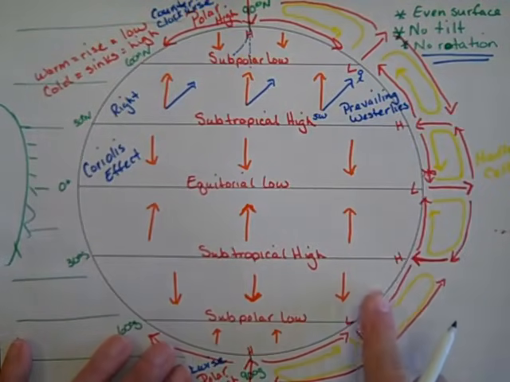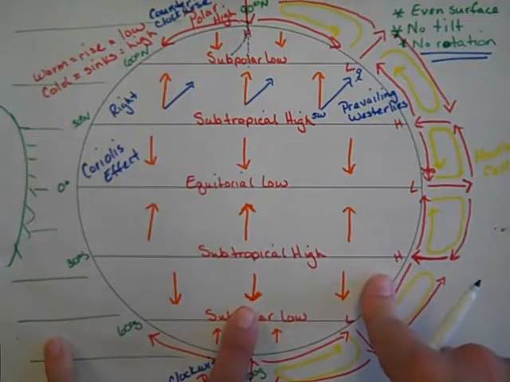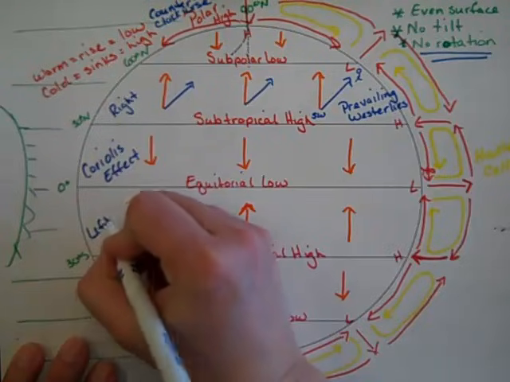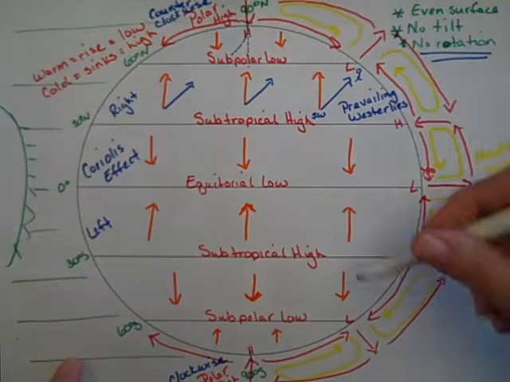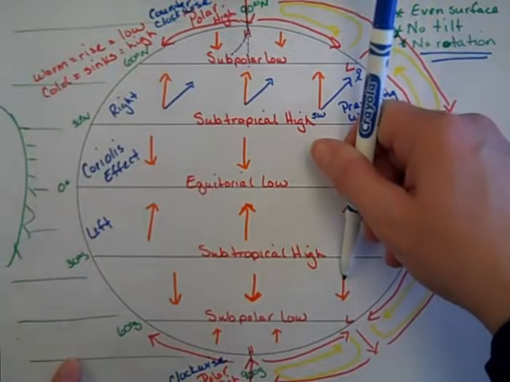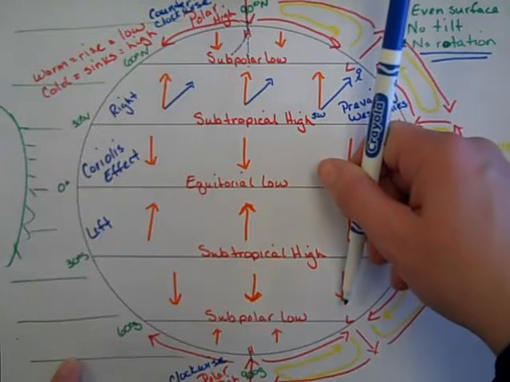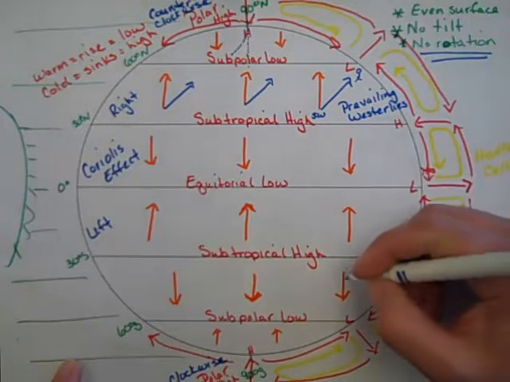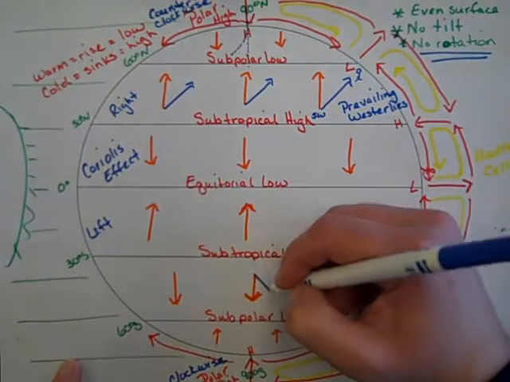Okay. Now the same thing is going to happen here. The difference is in the southern hemisphere, things get deflected to the left. So as we are walking along, again imagine you walking along on this arrow, you are going to get deflected to the left. So the air is going to move this way.